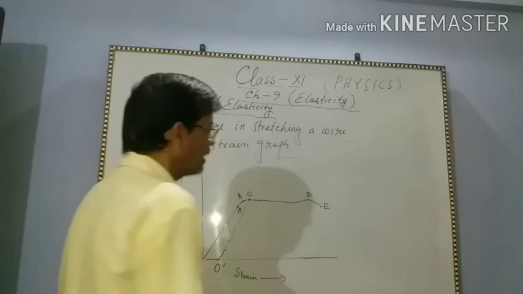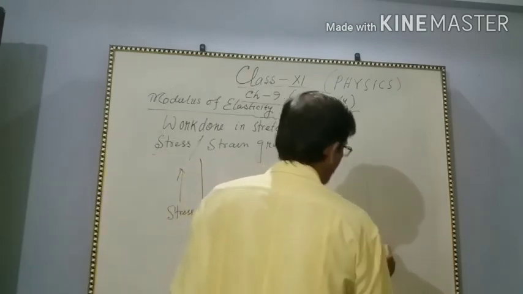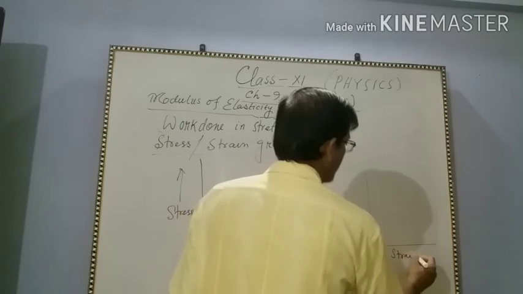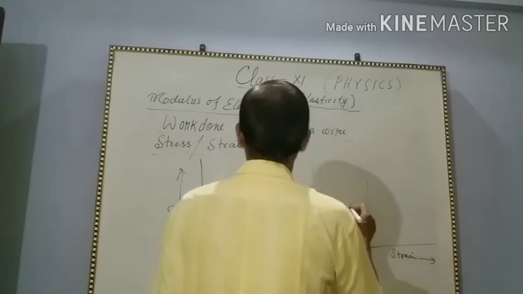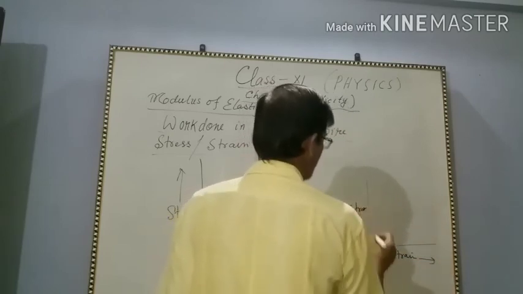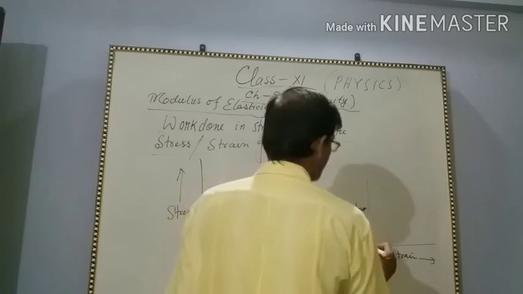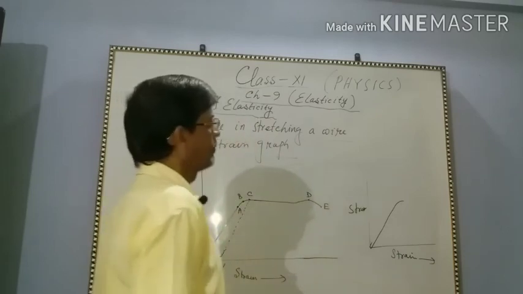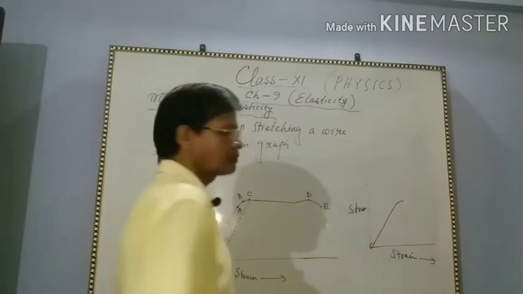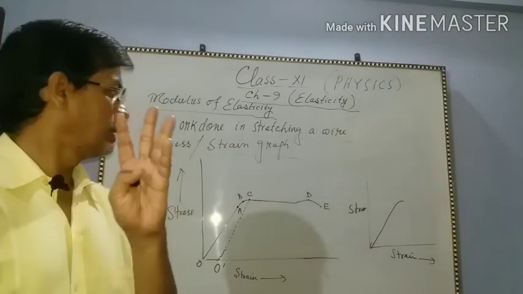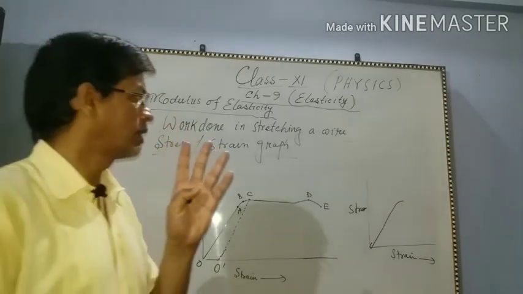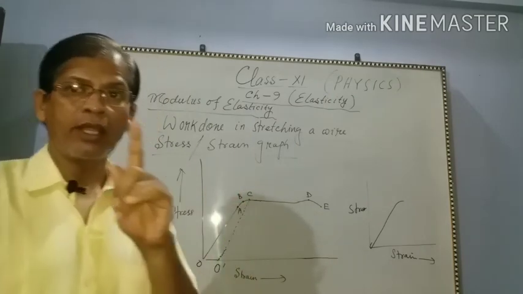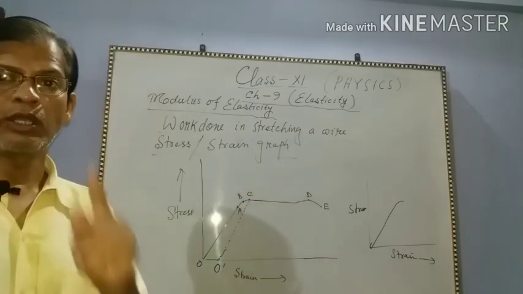And in the case of a brittle material, the graph will be like this, like glass. That means its elastic region is large, but its plastic region is very small.